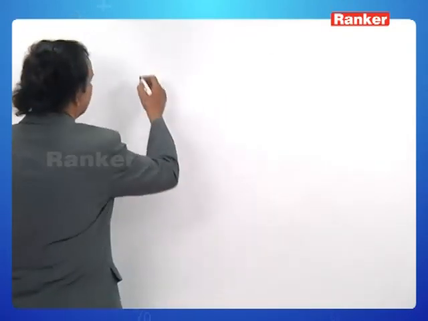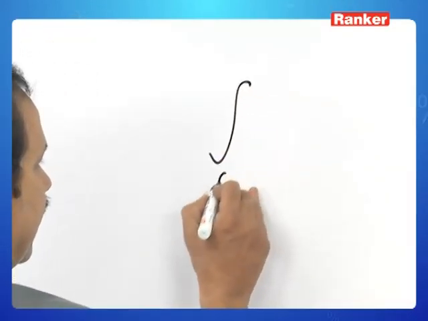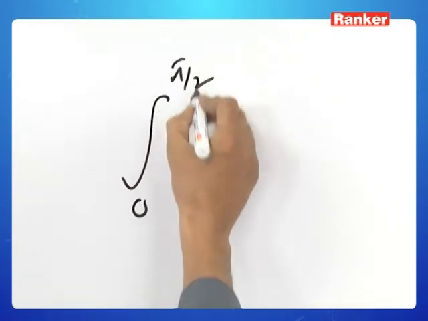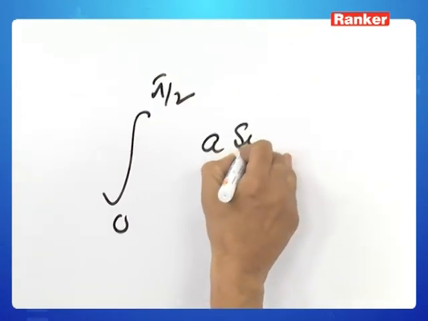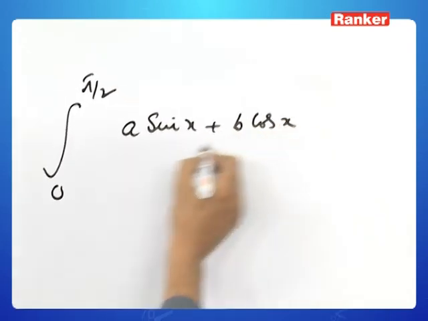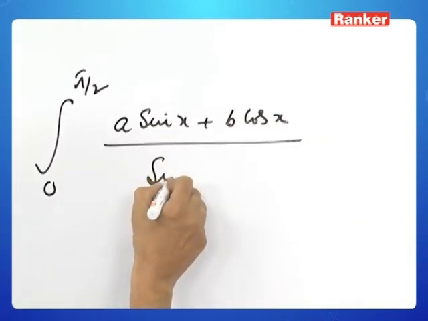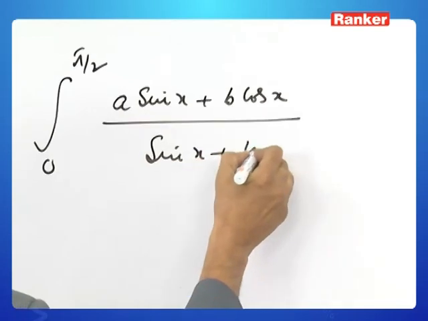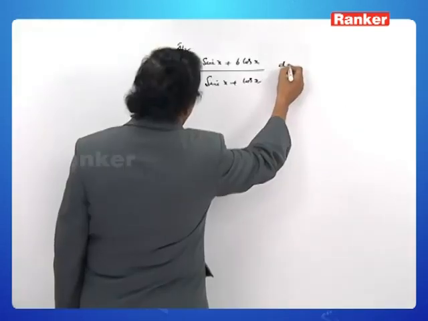Like this, we can have standard results as many as we can. We shall now look at some more standard results in these definite integrals. Integral 0 to pi by 2 a sin x plus b cos x by sin x plus cos x dx.